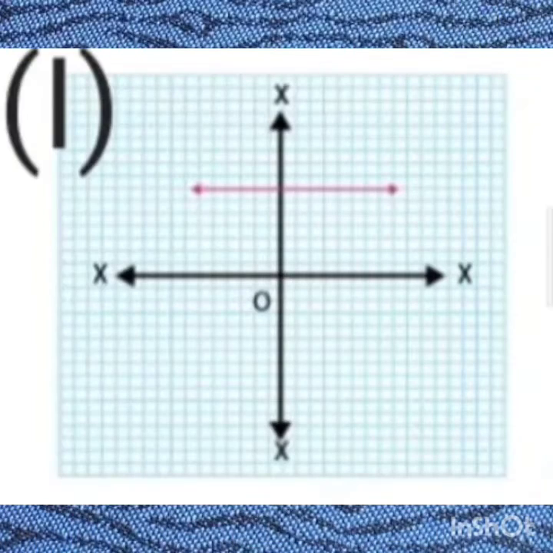Let's see the first graph. Just observe it. Here this is the x-axis, and this is the y-axis, and this is the y dash axis.